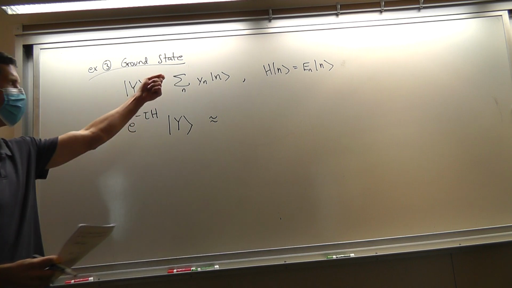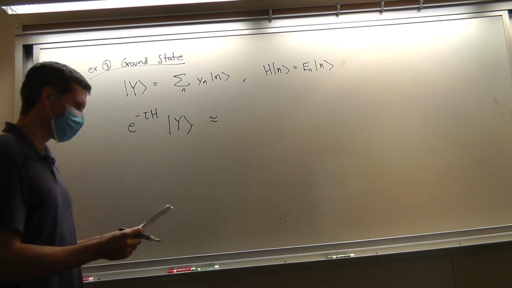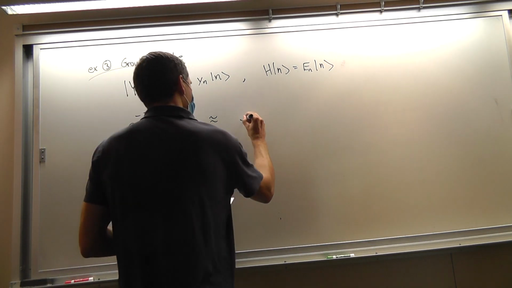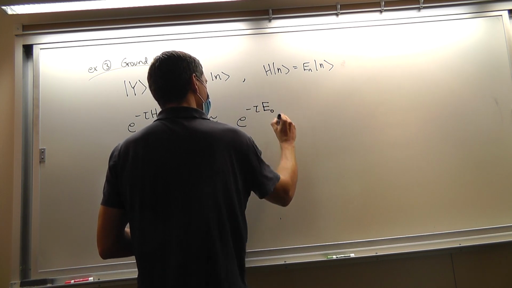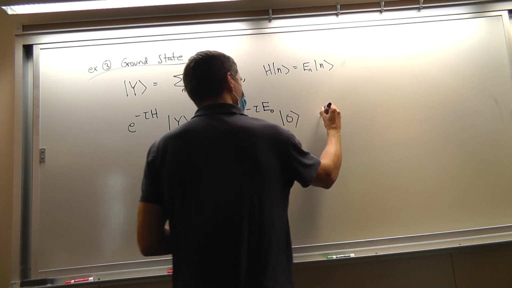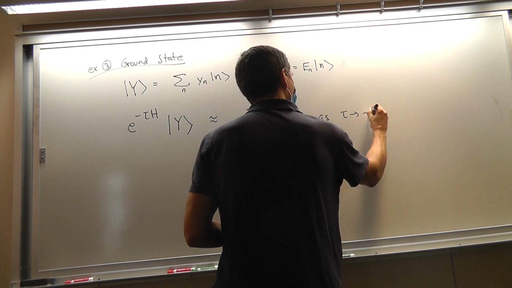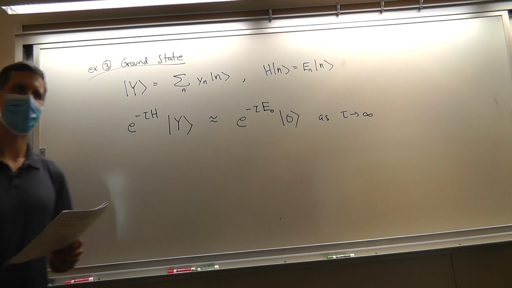Well, we can just bring that inside the sum, and we see that it becomes e to the minus tau E0 on the vacuum as tau goes to infinity.